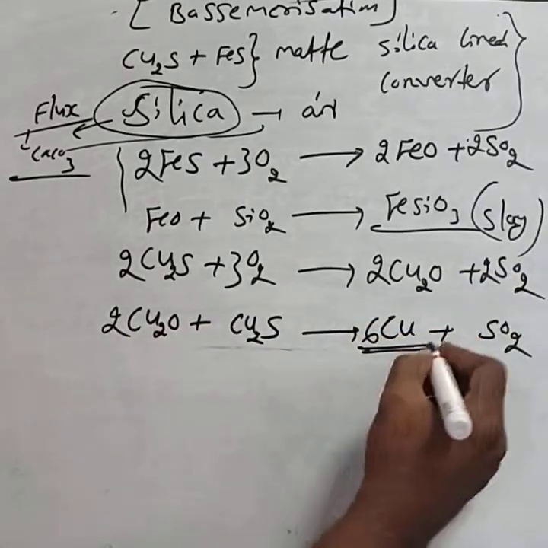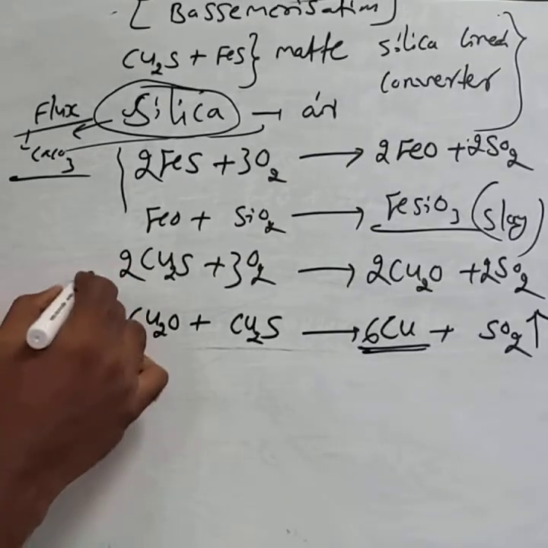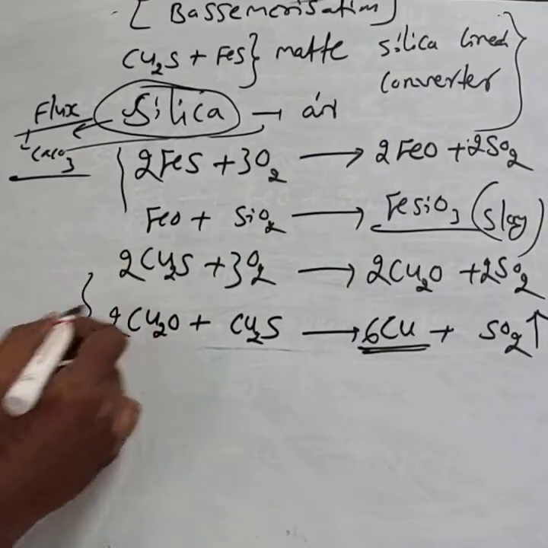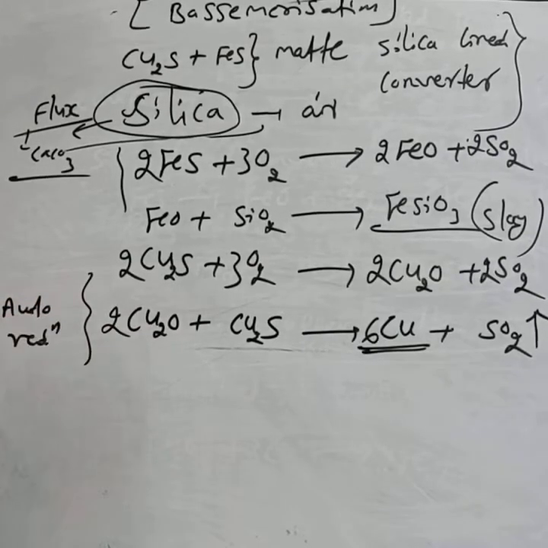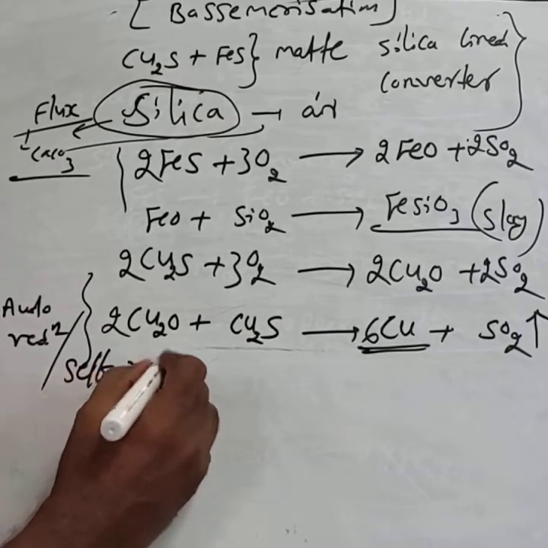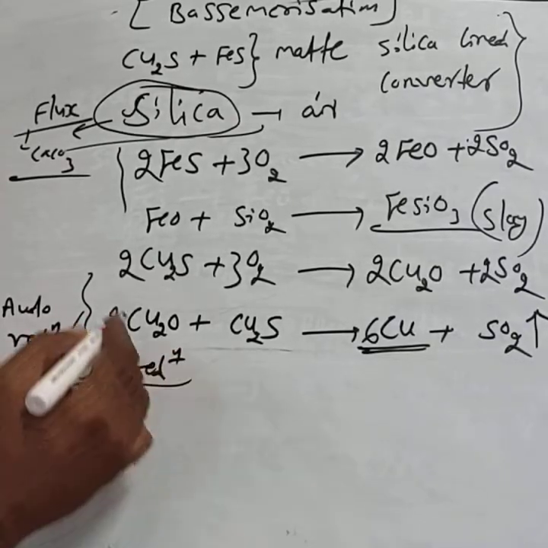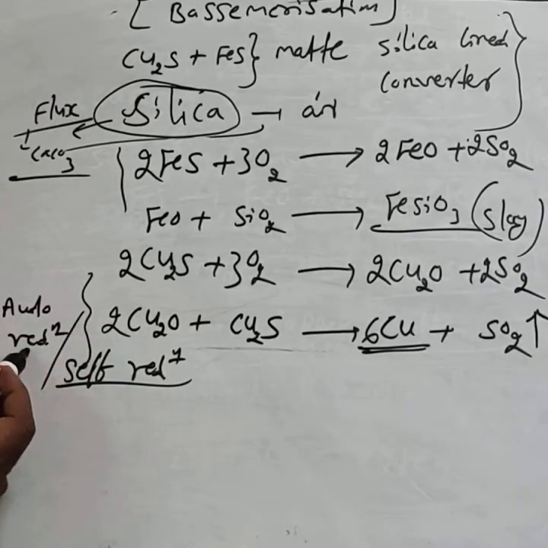This is the copper formed, and the SO2 escapes. This reaction is commonly called auto reduction, also called self reduction. This is important for competitive exams: name the metal extracted by the auto reduction process.